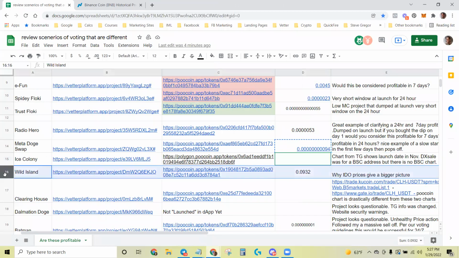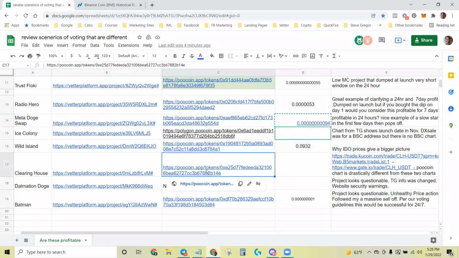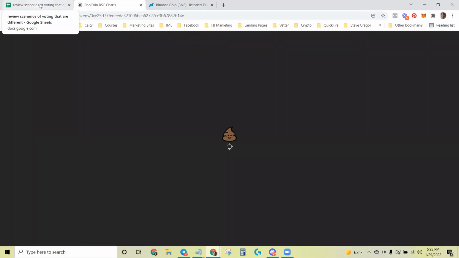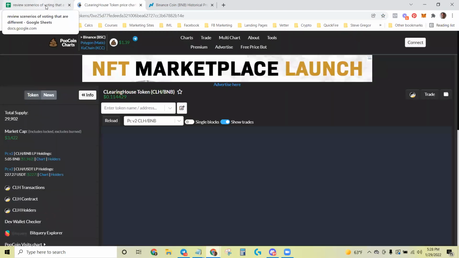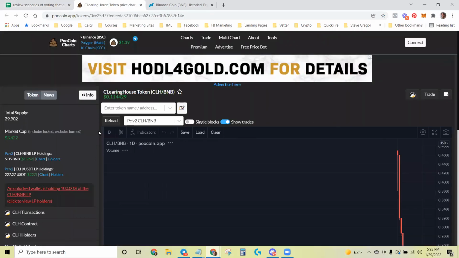I posted this one. This is an example of one we already did, so I'll skip Wild Island. Clearinghouse. Okay, so with Clearinghouse, this could just be my lack of understanding on how this works, but the PooCoin chart looks a certain way.